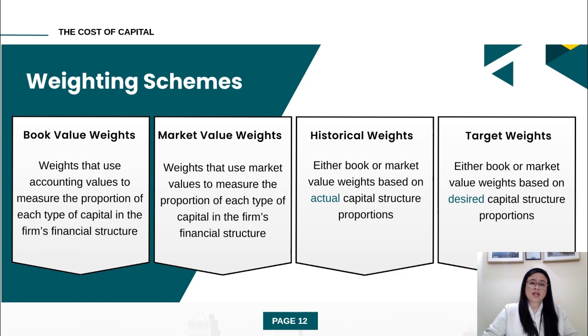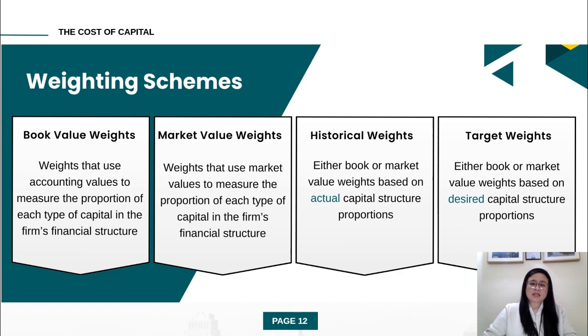So the book value weight of debt is 2 million divided by 5 million, which equals 40%. And the equity weight will be 60%, which is 3 million divided by $5 million. It is good for long-term stability but may not reflect the current market conditions.